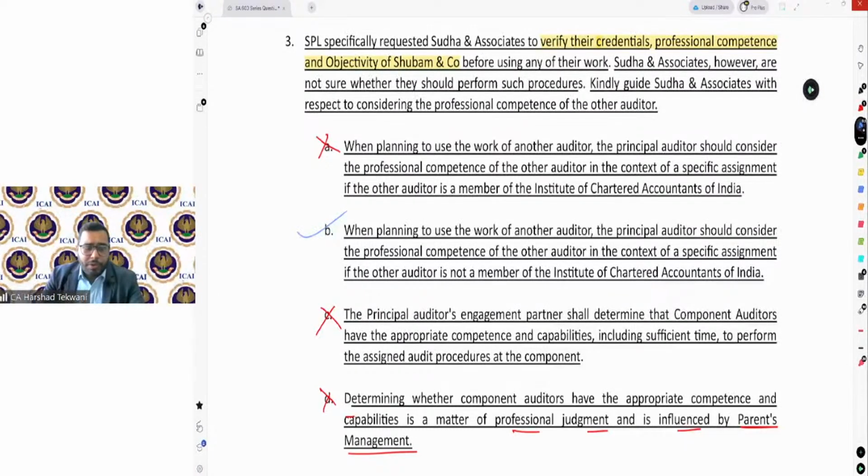So there are two doubts here. One, can a person who is not a member of the institute become an auditor? Not in India. Not possible in India. He cannot become statutory auditor of a company. I can say that even he cannot become a tax auditor. But he can become an internal auditor.